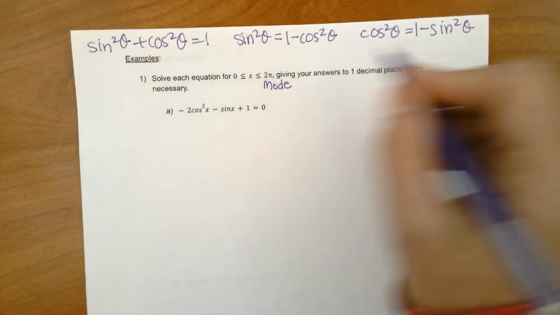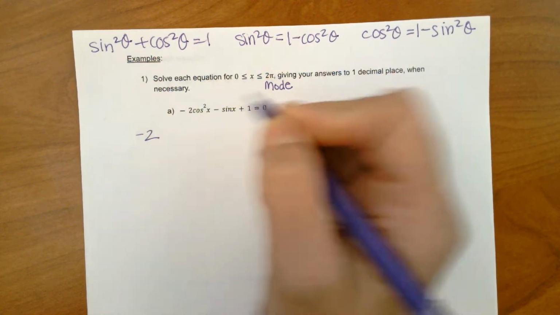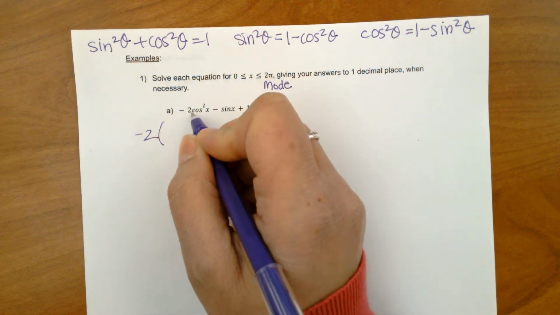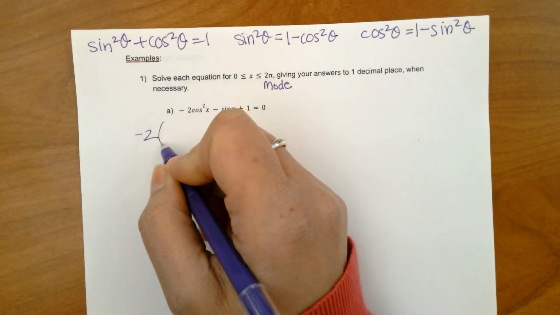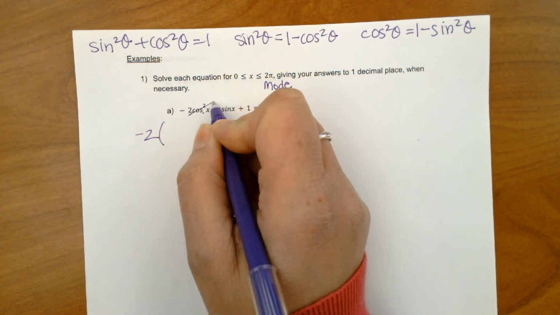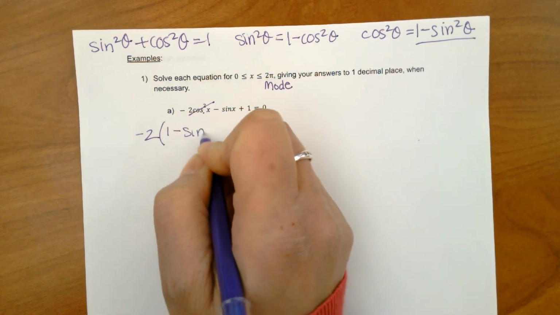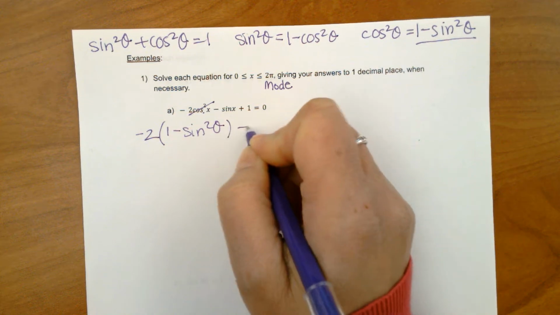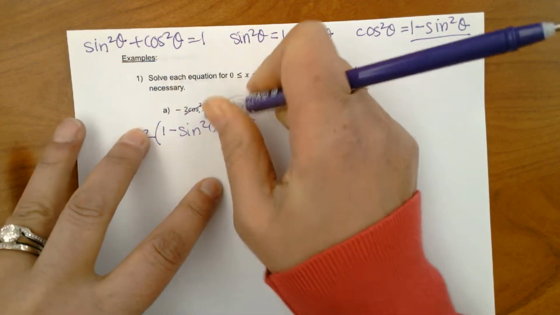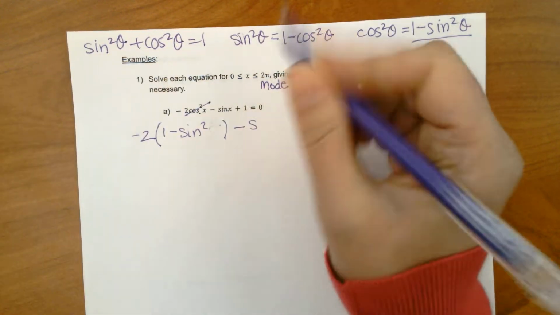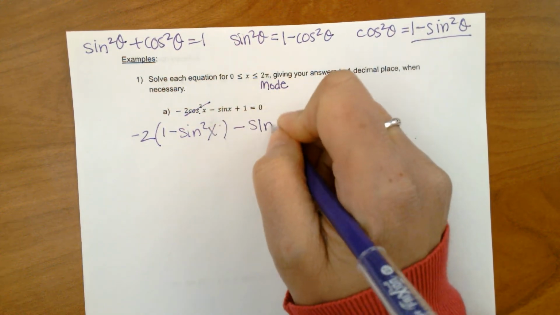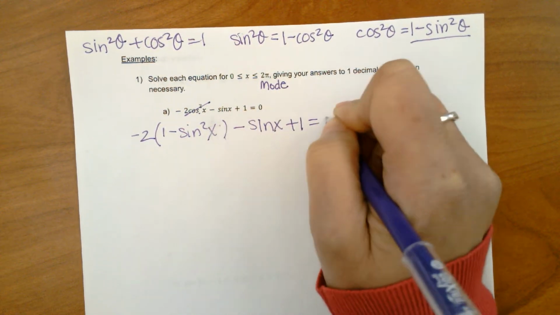So what I'm going to do is use a little substitution. I'm going to do negative 2. Now this is being multiplied, so I'm going to put parentheses. Instead of cosine squared, I'm going to substitute this side in: 1 minus sine squared theta. Not theta, let's use the x term. Here we go. Minus sine x plus 1 equals 0.